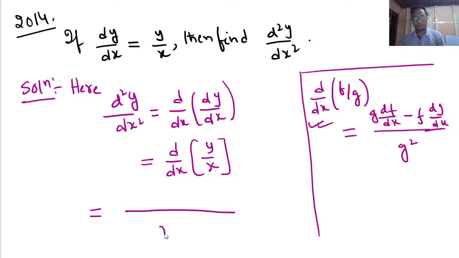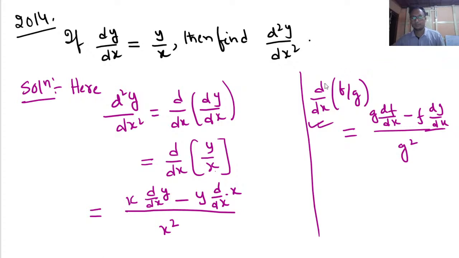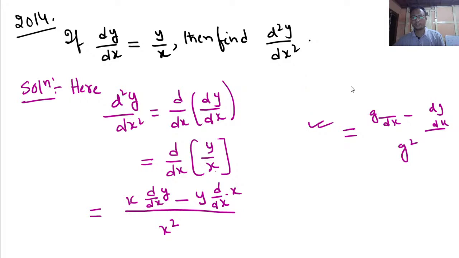Here it will be x square in the denominator, and x d by dx of y minus y times d by dx of x in the numerator. Is that okay? Now fine, good. Now let's carry on. Let me rub this one so that we continue on the right hand side.